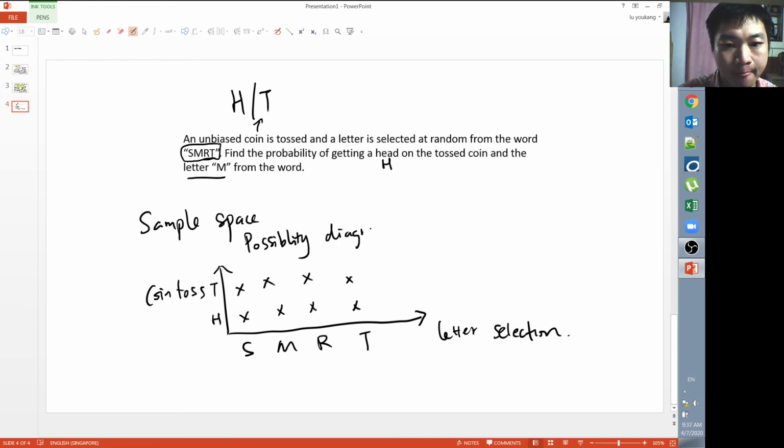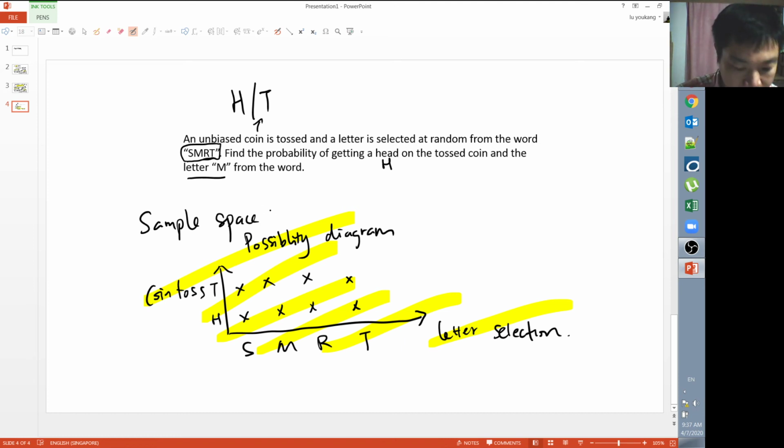With this possibility diagram, you get to see your sample space, and it can be represented by this set notation: HS, HM, HR and HT.